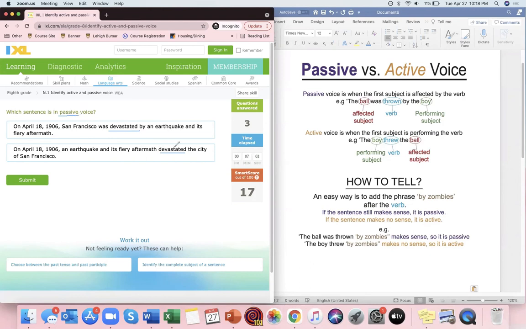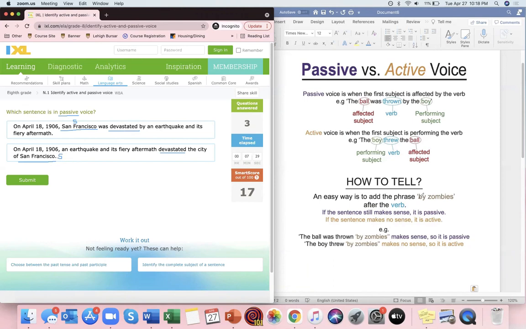So the subject is San Francisco. So this is the subject, and the subject is all the way here for this sentence. Usually for active voice, the subject is listed first. So San Francisco was devastated by an earthquake and its fiery aftermath. Meanwhile, the subject is all the way at the end here.